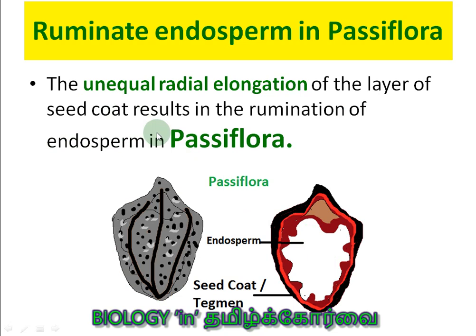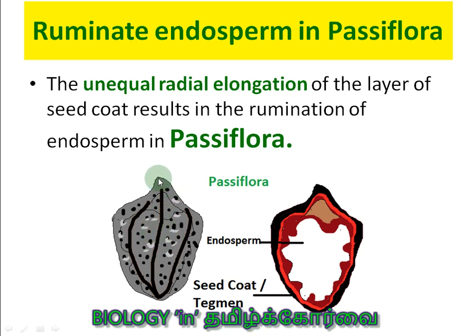Second example is Passiflora. In Passiflora, there is unequal radial elongation. The radial elongation of the seed coat results in a lot of ups and downs. This diagram I drew in Paint, so you cannot see all the very fine structure, but yes, some ups and downs are there.